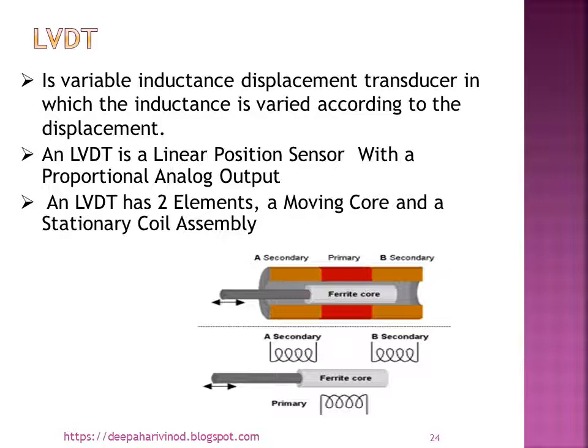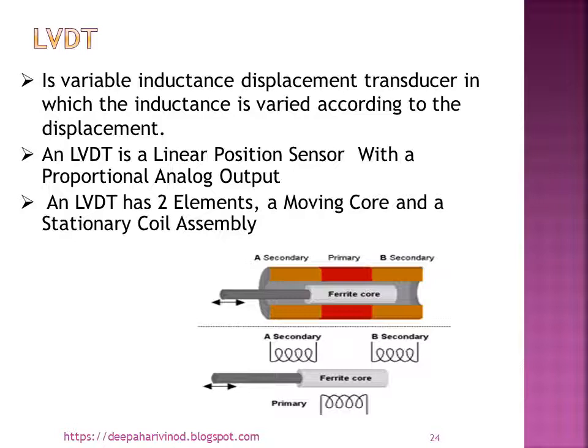Here we can see that this is the primary and these are the two identical secondary coils, and this is the core. So displacement of this core, depending upon that, this works.